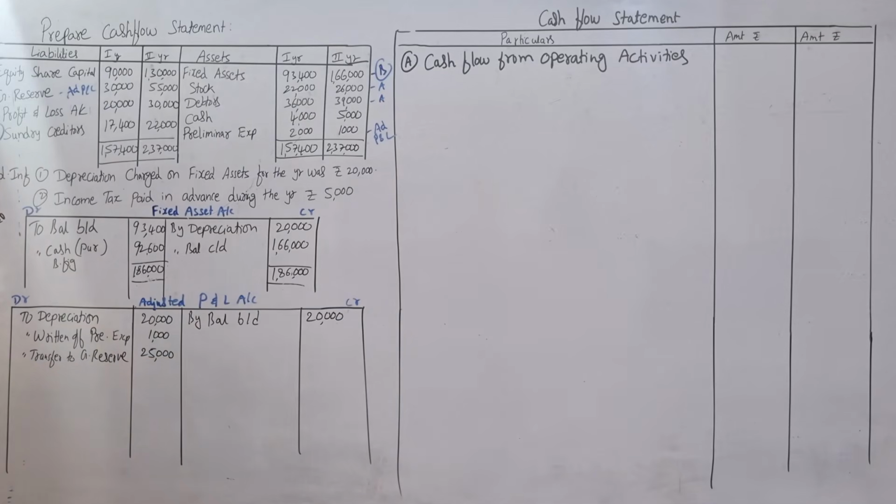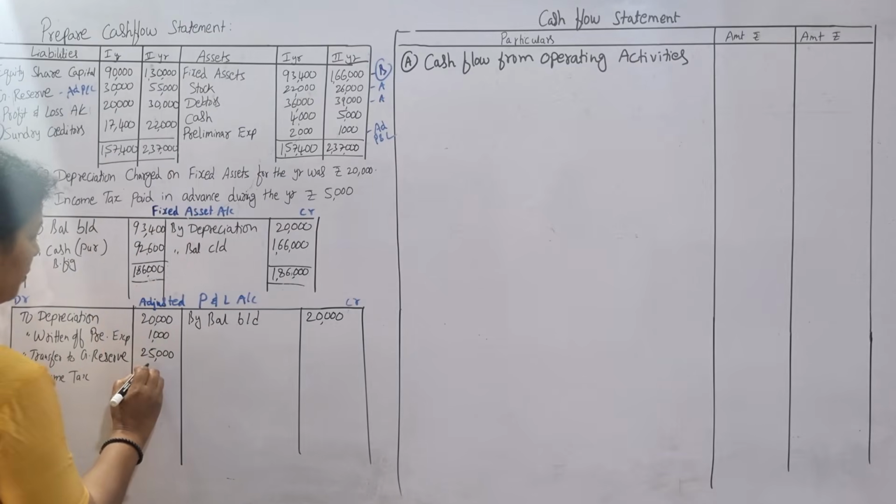Then after that, depreciation is over, income tax is there. Any expenses which we could not take in the profit and loss account, in general, that is the adjusted profit and loss account we are going to take. So tax is 5,000.